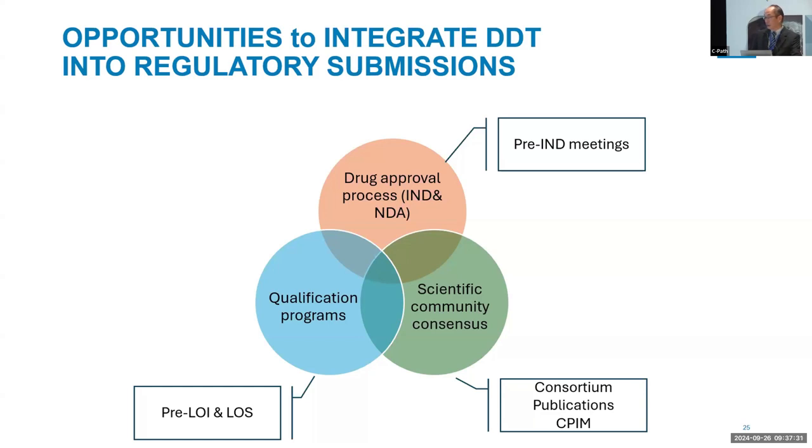And then finally, qualification comes in. We also have a pre-LOI, pre-letter of intent stage, where we can have a meeting with submitters, requesters, so that we have a common understanding of how you can create a quality submission to qualification programs.